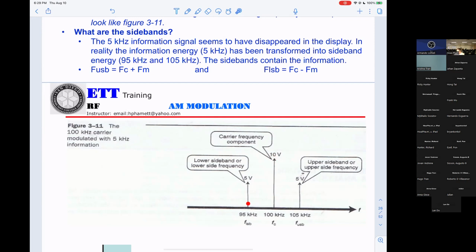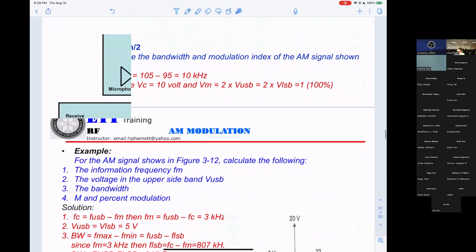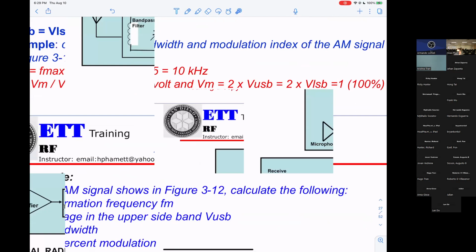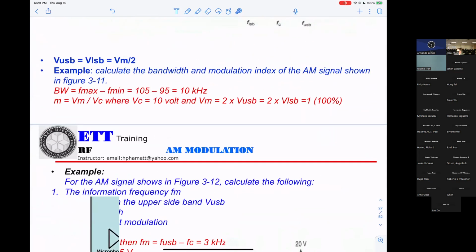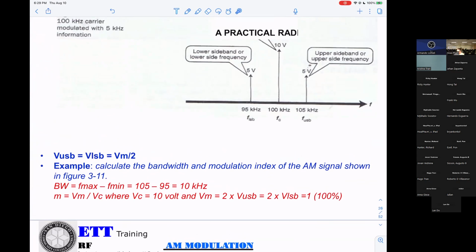So this is the lower, and this will be the upper of the band. V upper sideband, V lower sideband equals VM divided by 2.